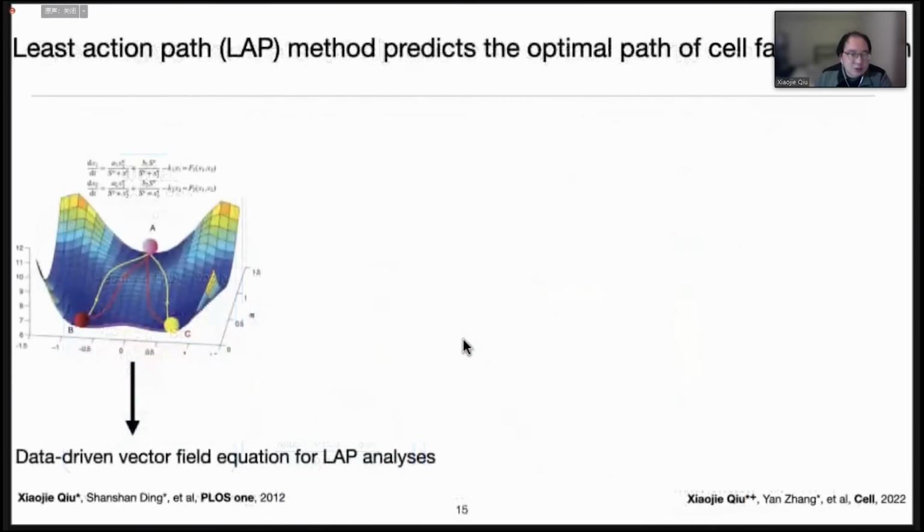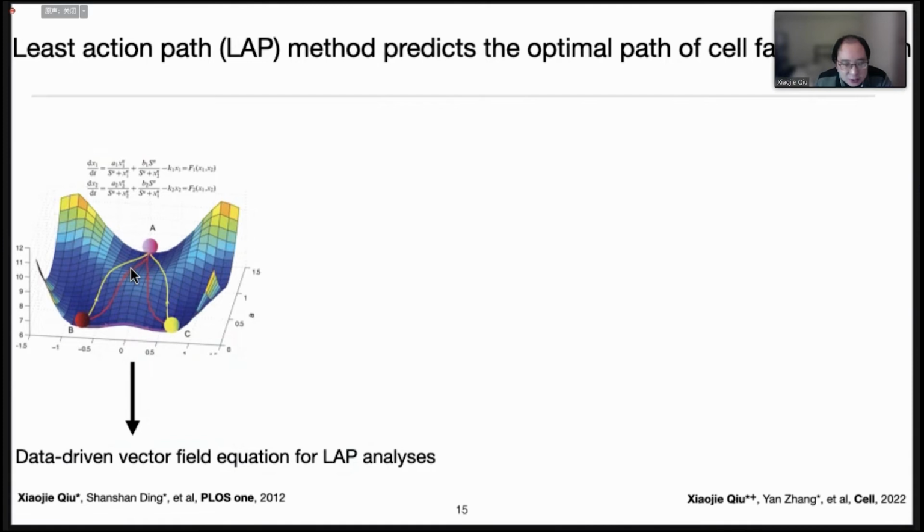The first one is about the least action path, or the LAP predictions. As we know, ever since the discovery of cellular reprogramming, it has become a fundamental question in biology to predict the optimal path and transcription factor combinations so that we can convert one cell type to another.